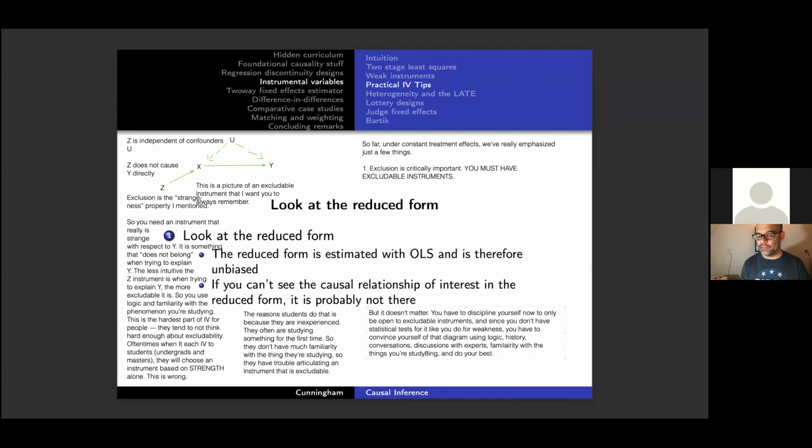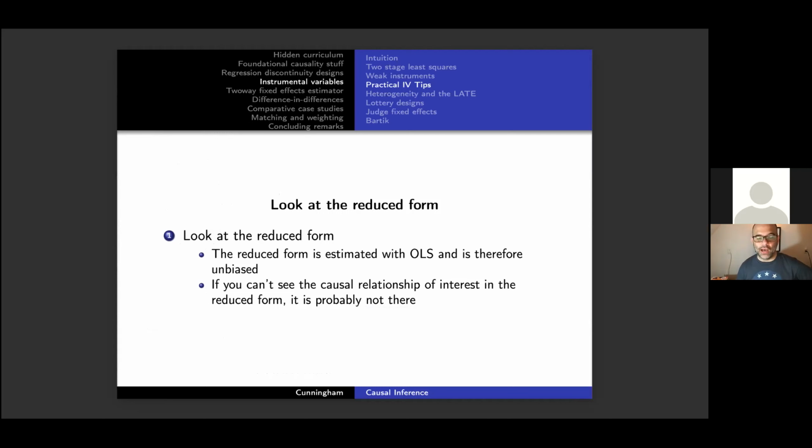It needs to be a good faith effort at satisfying that diagram.